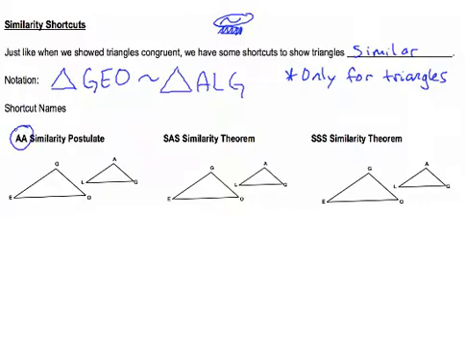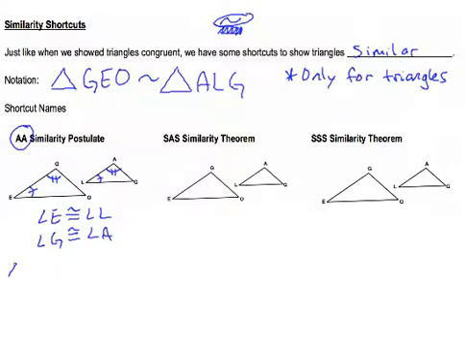If we have 2 triangles and I am able to show that one angle is congruent to another, and a second angle is congruent to a second angle, I can stop right there. I don't even need to check the third angle. I don't need to check any of the sides because I have angle E congruent to angle L, and I have angle G congruent to angle A, then I can say these 2 triangles are similar by angle-angle.